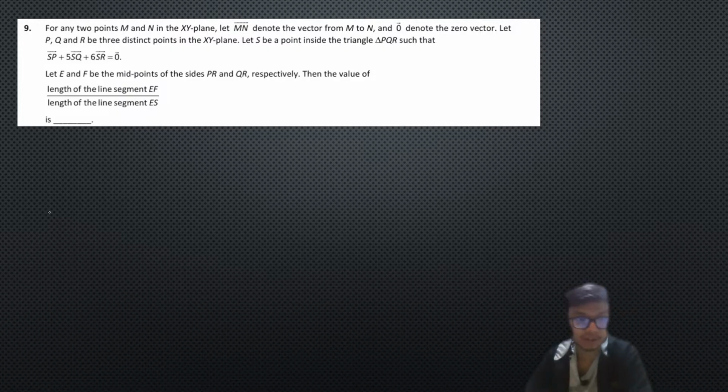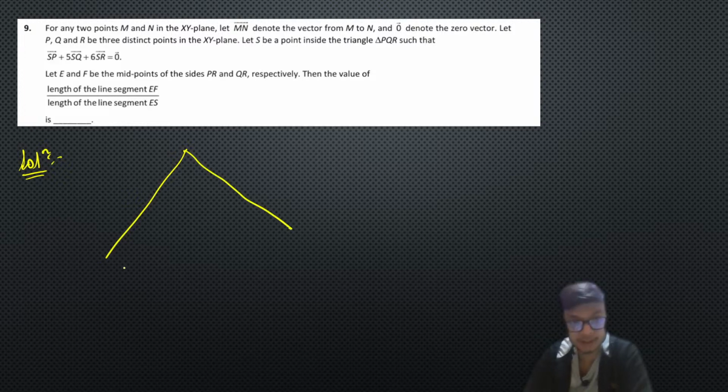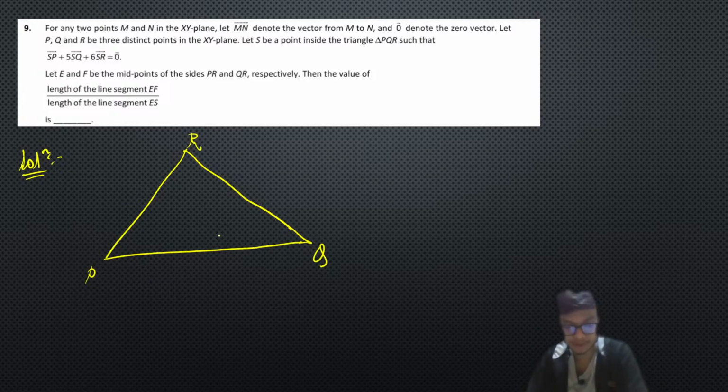So let's try to figure out the triangle first of all. This is the PQR triangle. So this is P, this is Q, and this is R, right? Then it says that E is the midpoint of PR, and F is the midpoint of QR, right?